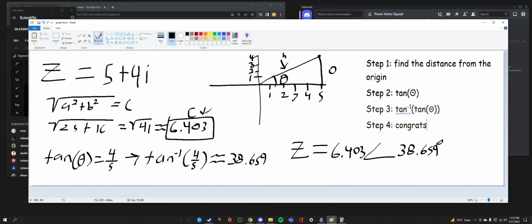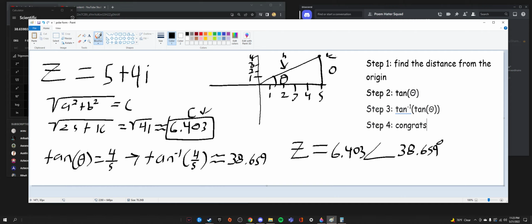But now that we are given this, we can go 6.403 distance away from the origin, and also given this angle, this rotational aspect, we would rotate 38.659 degrees from the real axis and then go 6.403 away from the origin, and that gets us our old complex number with a new way of defining it.